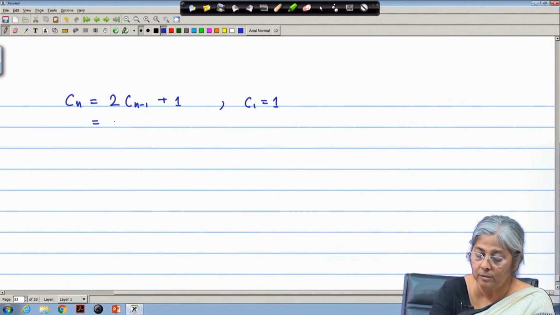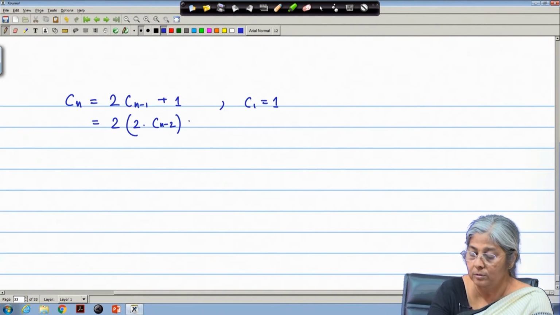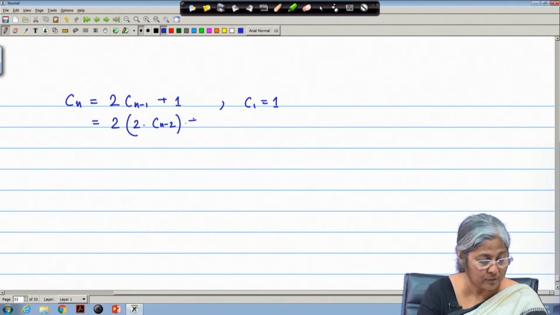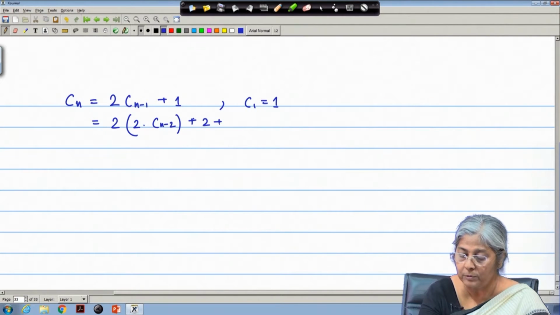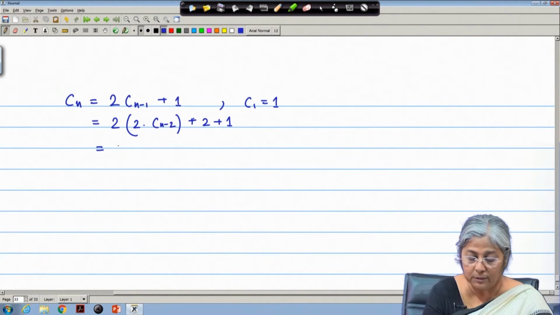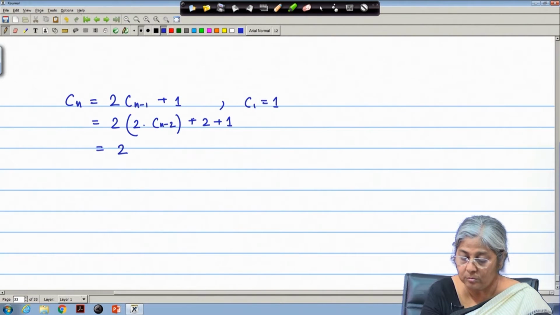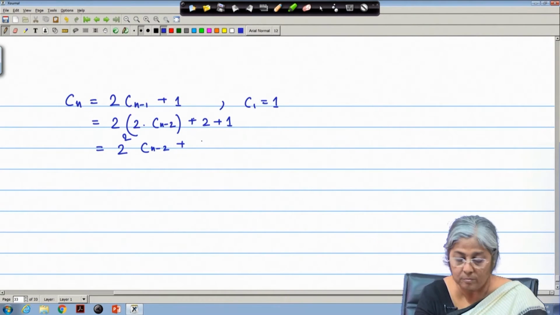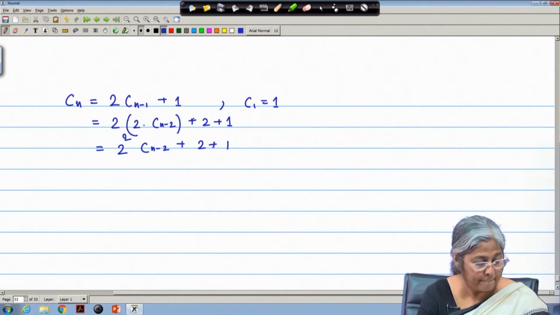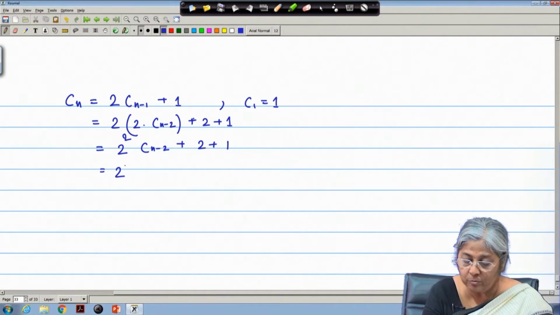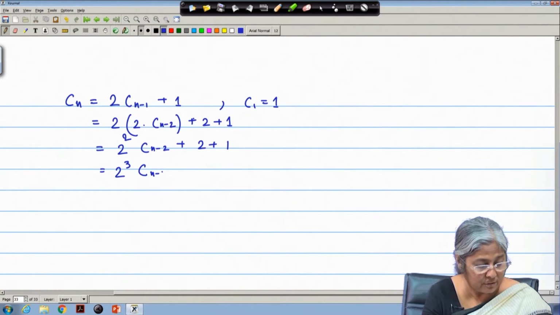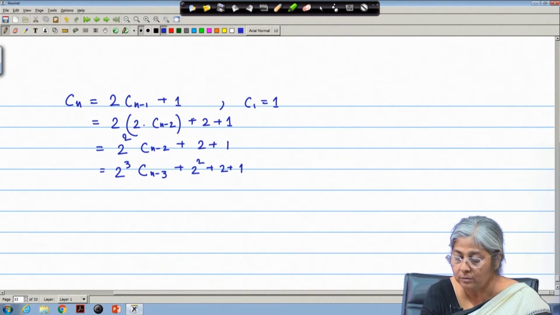Then I can write 2 times Cn minus 2 plus 1, so plus 2 plus 1. Then again this is 2 square Cn minus 2 plus 2 plus 1, then it is 2 cube Cn minus 3 plus 2 square plus 2 plus 1.